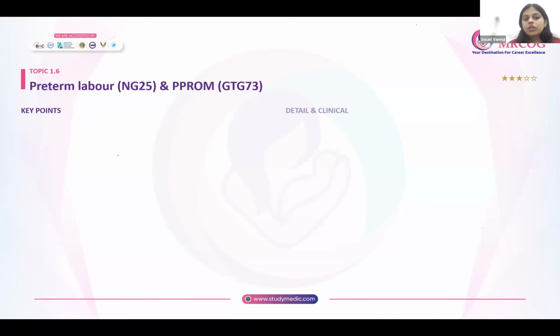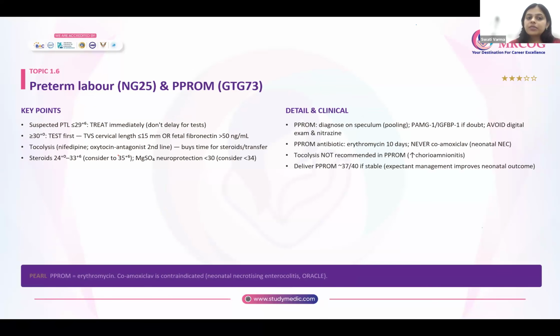Now next come to another very important point, that is preterm labor and PPROM. The key points here are, whenever a lady is reporting to you with suspected signs and symptoms of preterm labor, first look at her gestational age.